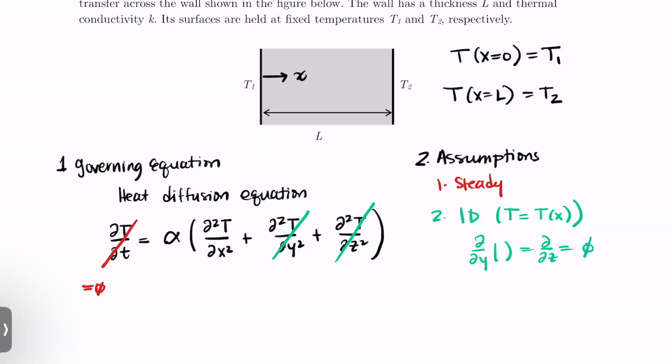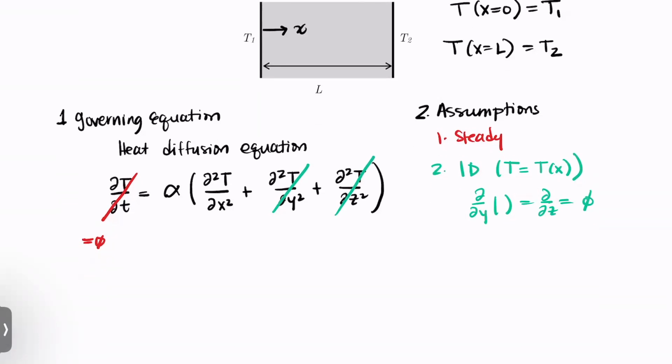All right, and so that means that this equation simplifies to 0 is equal to alpha times the second derivative of temperature with respect to x. I made this a total derivative rather than a partial derivative because it's one-dimensional, right? So we already said there's no dependence on y and z, so that partial becomes a total derivative.